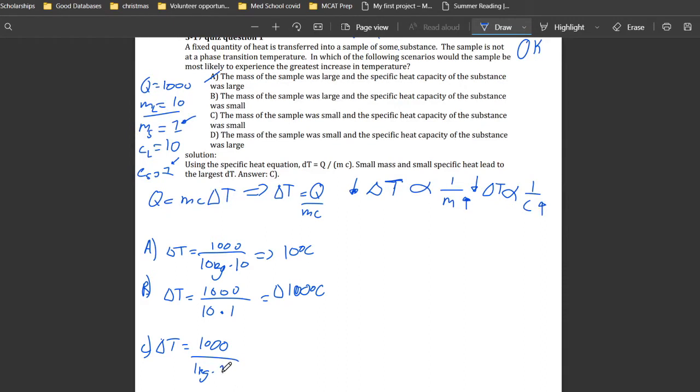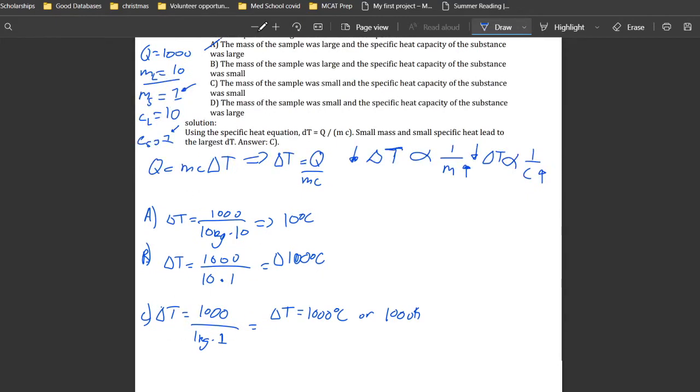So we're just going to put a 1 there. And simplifying this, we see that the delta T for this hypothetical arbitrary compound is equal to 1,000 degrees Celsius, or 1,000 Kelvin, depending on the units that you use.